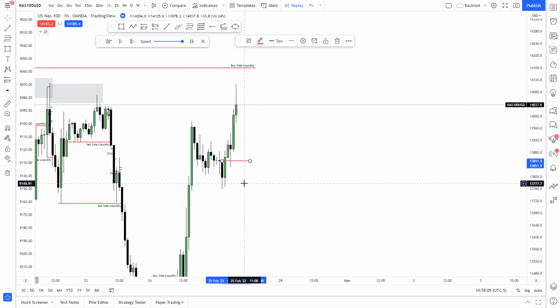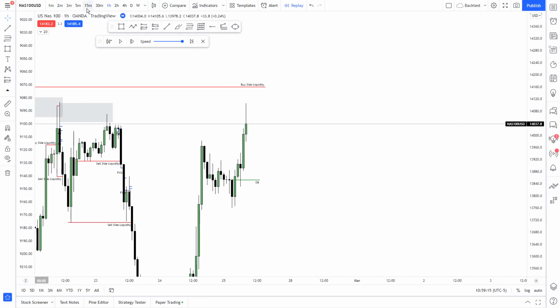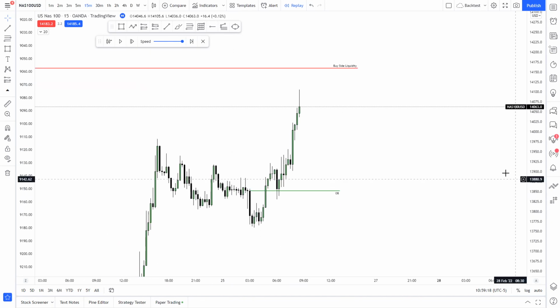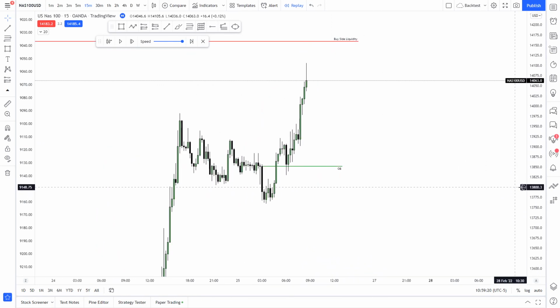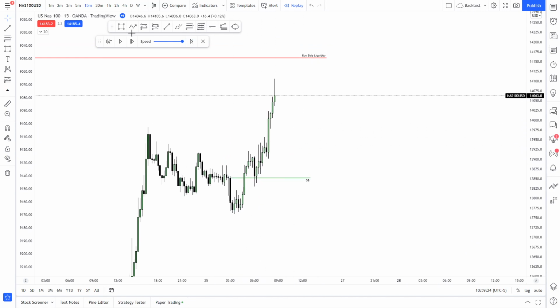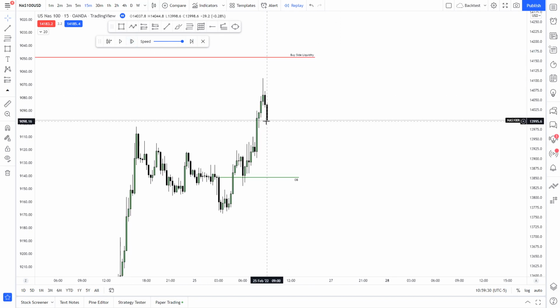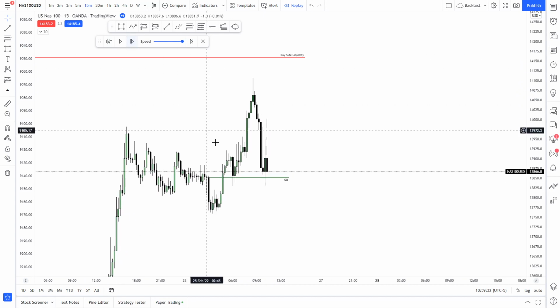We can look for price to potentially come back in and go target the buy side liquidity. Let's have a look at what else. Okay, so right now we want to see price come into this 1 hour order block again and go back up. So let's have a look. Let's see what it does.